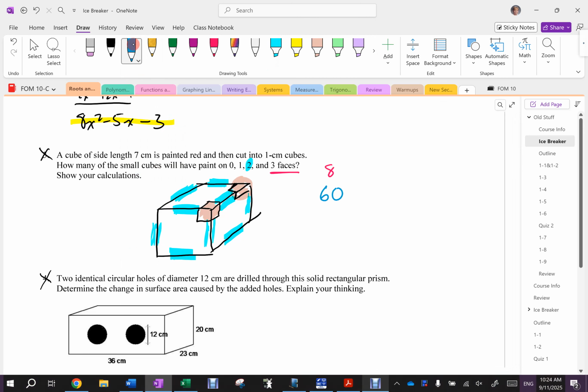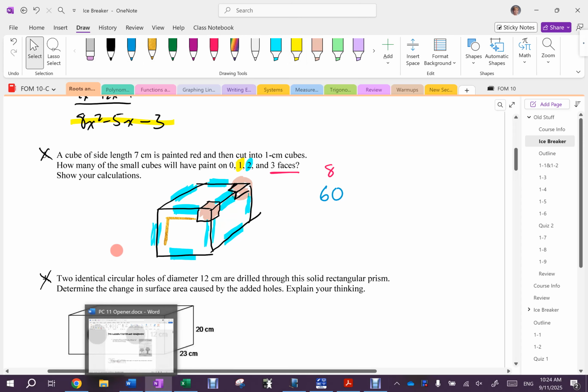Where are the 1-facers? They're going to be in the middle, aren't they? On the outside. Well, if this is 5, and this is 5, how long is this?